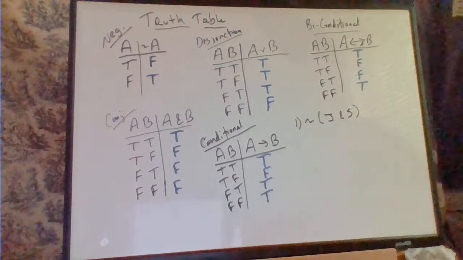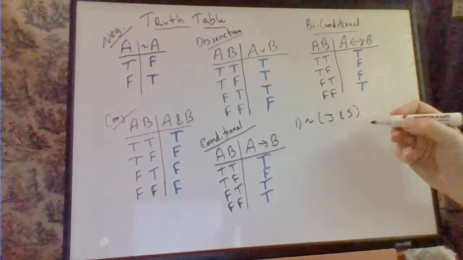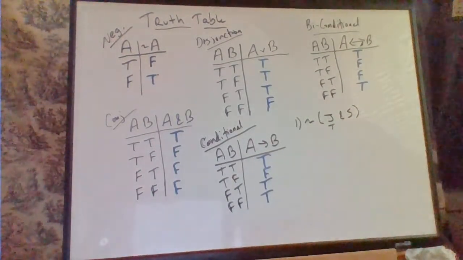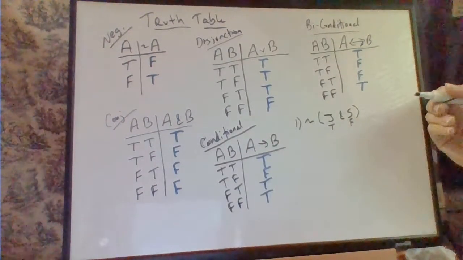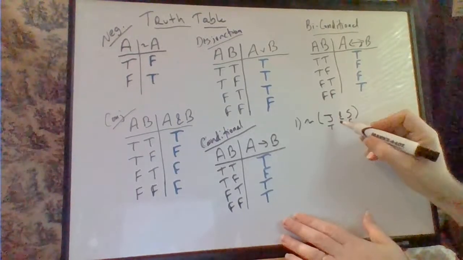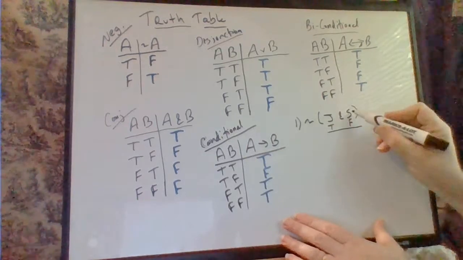Well, we have to use our basic knowledge. Jupiter is the largest planet? Yes, that is true. The Sun is a planet? No, the Sun is a star, so that's false. From here, we're just doing what I was doing a moment ago. We have J and S in the parentheses, so J is true, S is false.